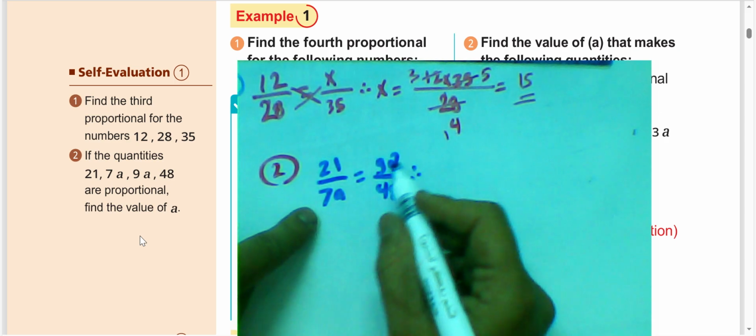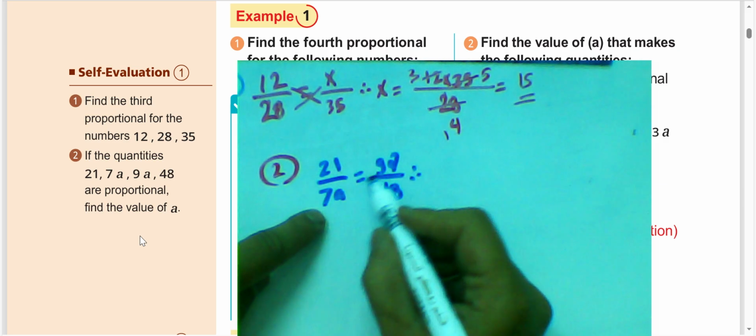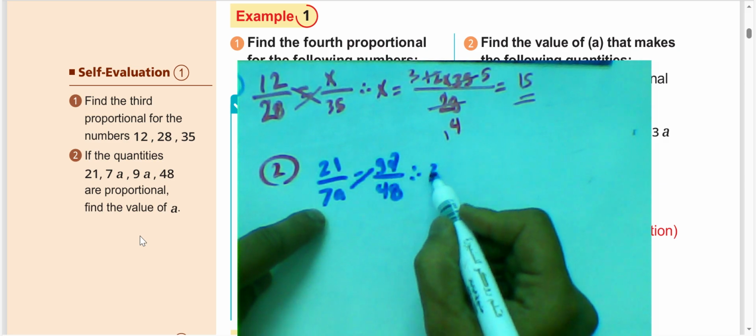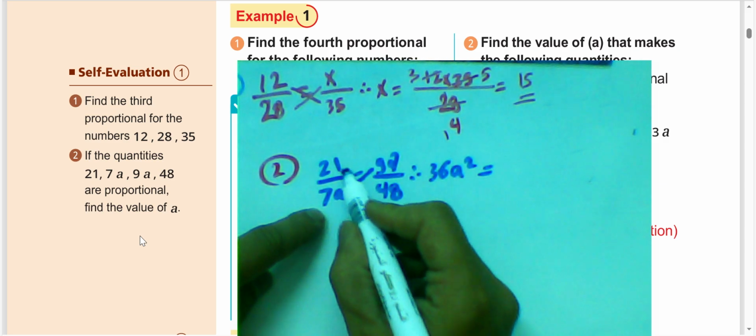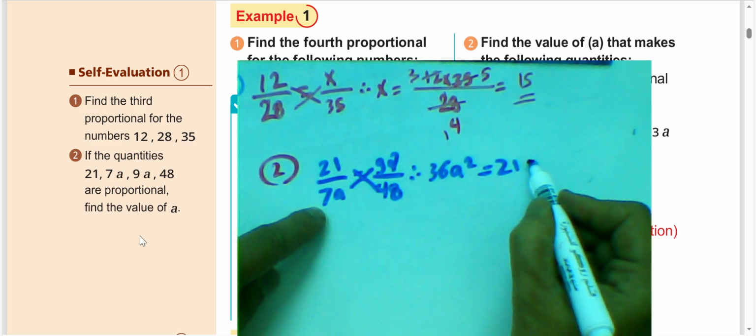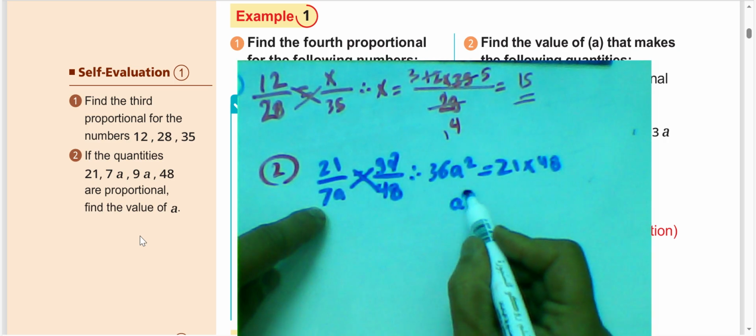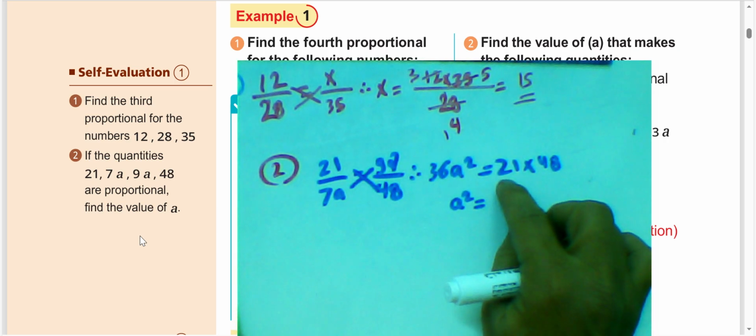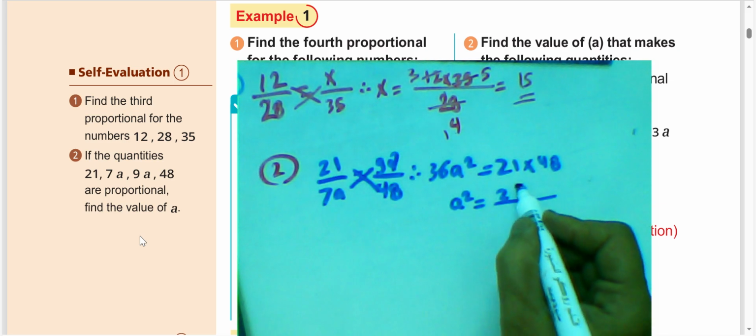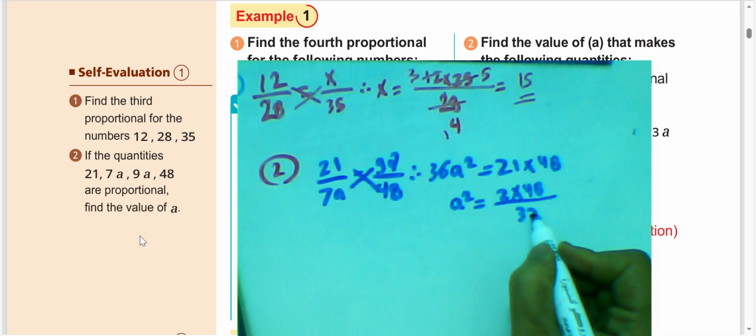Then the product of extremes equals the product of means: 7A times 9A equals 63A squared, and 21 times 48.